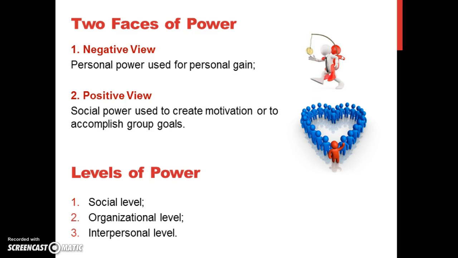In addition, power is executable at different levels. In public organizations, we can find at least 3 levels of power: social, organizational, and interpersonal. Execution of power cannot be fully separated at each level. Rather, different levels of power interact with each other.